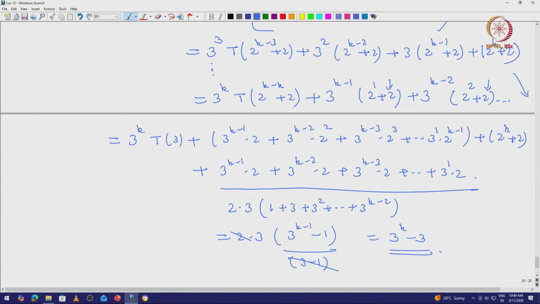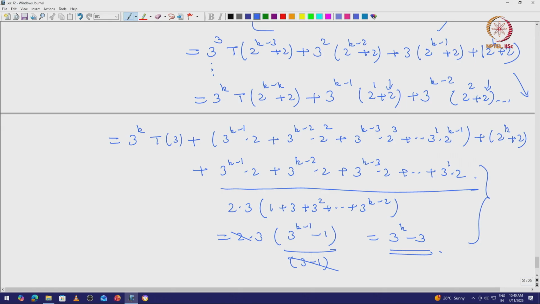So, I have 3^k minus 3 for this part. And what about the other part? Let us look at that.